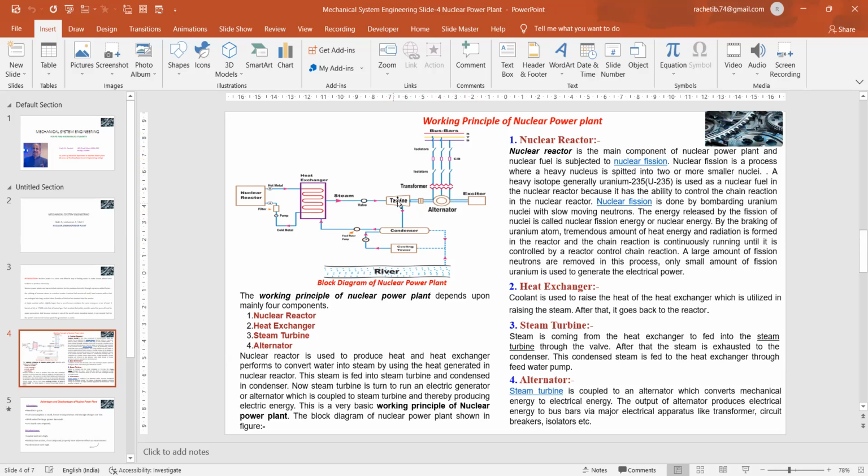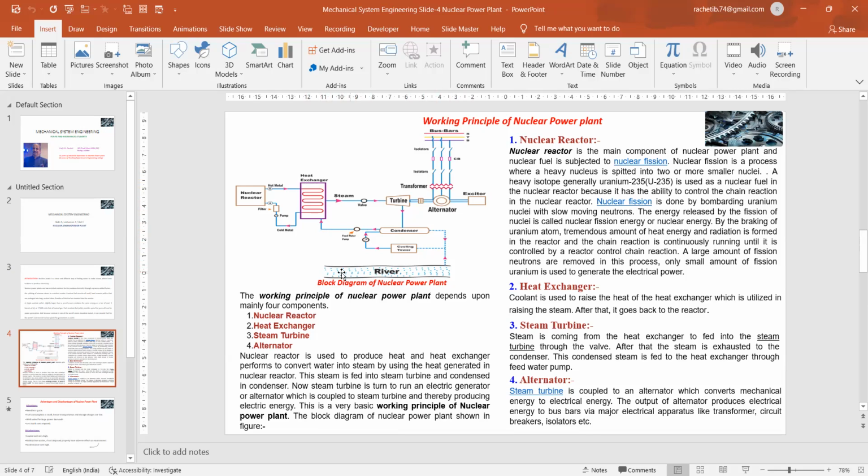After the work of steam is over, exhaust steam comes to the condenser, where it gets condensed with the help of cooling water circuit, and then the water is pumped back to the heat exchanger, or you can say boiler or steam generator. This is the secondary circuit.